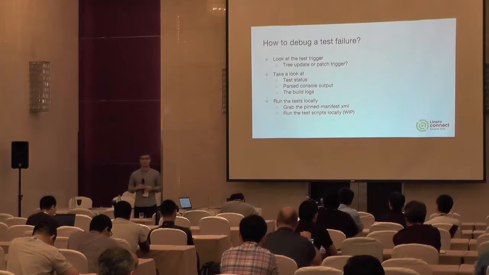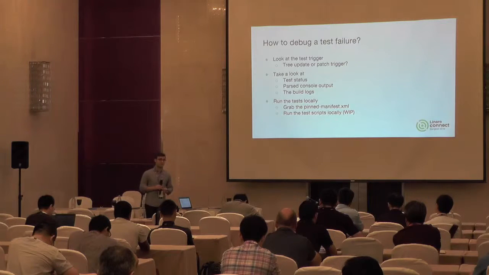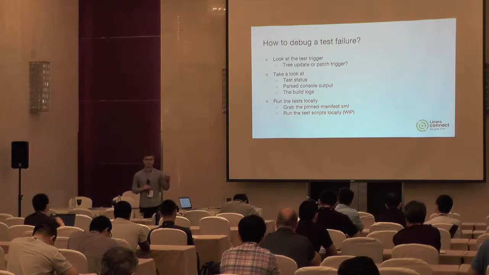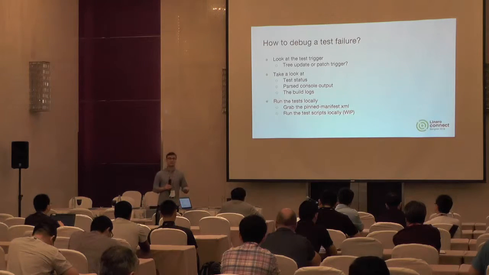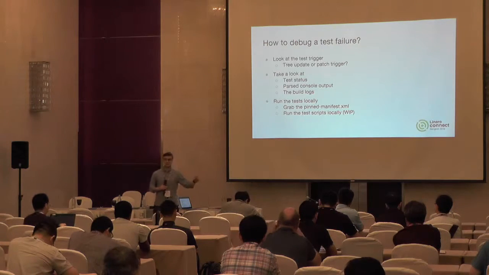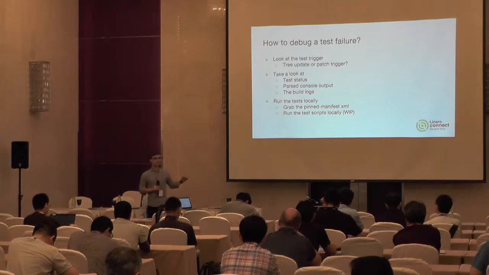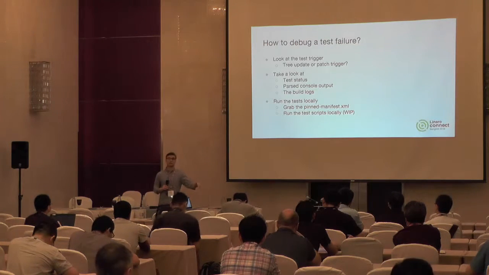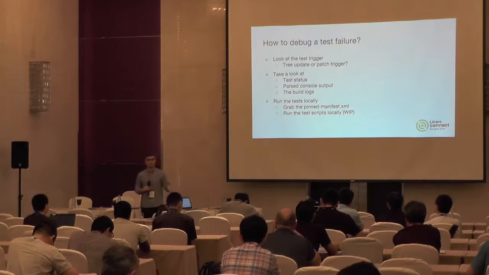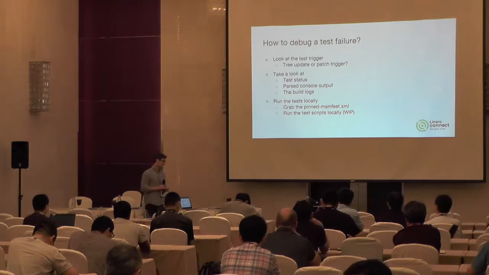For those of you that are not familiar with Android, Android is a collection of about 500 projects these days. So sometimes changing just one project might cause a different build failure. This is why the pin manifest is really useful, because we store the exact hashes for every tree, so you can reproduce the exact same build.